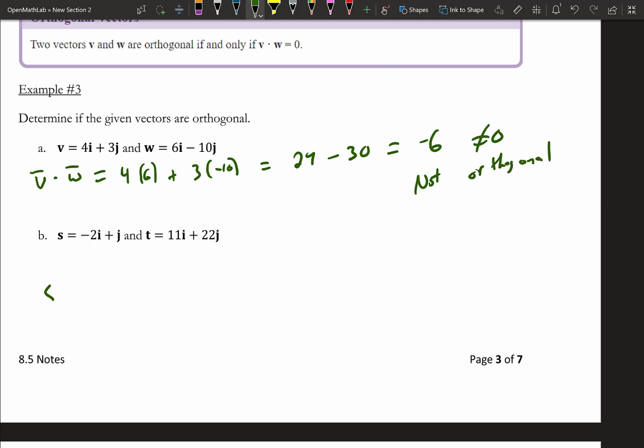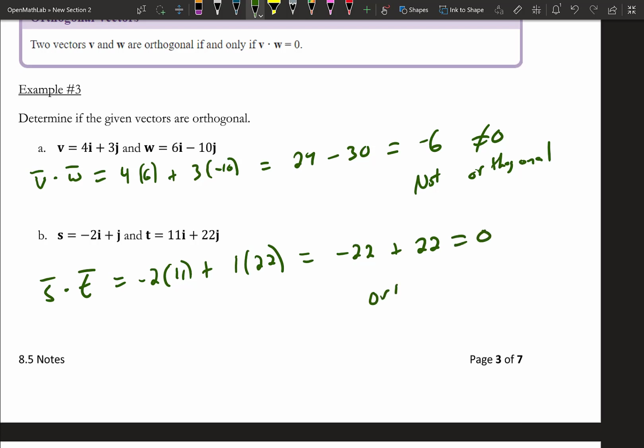And then to see if S and T for part B are orthogonal, we're going to find the dot product of those two. So we take -2 times 11 plus 1 times 22, which equals -22 plus 22, which does equal 0, right? So these are orthogonal. Right. So that's all there is to determine if two vectors are orthogonal or not.